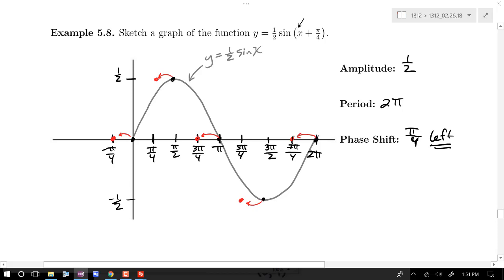I didn't just eyeball it and say, oh, okay, I'm just going to draw the curve a little bit to the left. I've actually plotted on the x-axis the x values for each of these points that I should have. And now here's my curve. So this guy right here is 1/2 sine of x plus pi over 4.